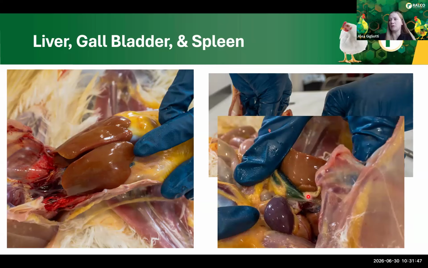And then that spleen should be a deep purple or red color, about the size of a large marble or maybe a small grape. Any kind of discoloration, enlargement, or any sort of mottling can be indicative of a challenge, especially since this is an organ that has immune function. So important to look at that as well.